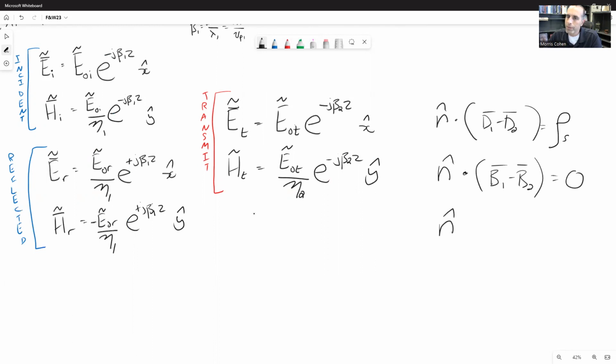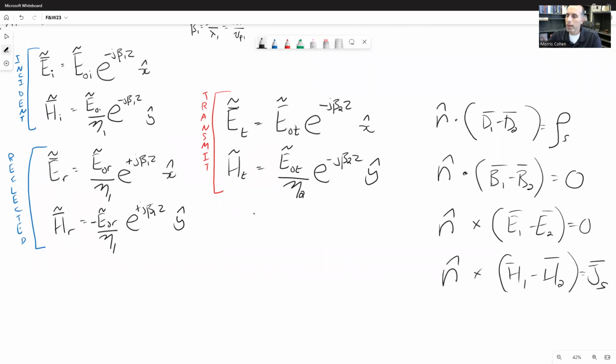Remember, n hat is the vector that points into material 1 that has length 1. n hat cross E1 minus E2 equals 0. And finally, n hat cross H1 minus H2 equals JS.